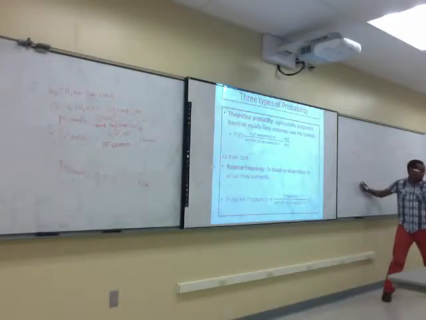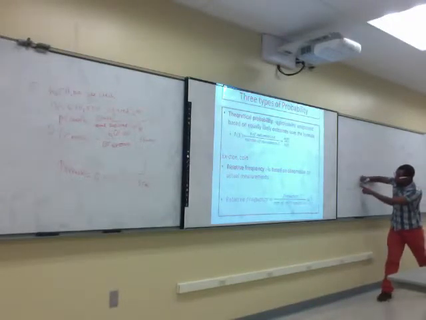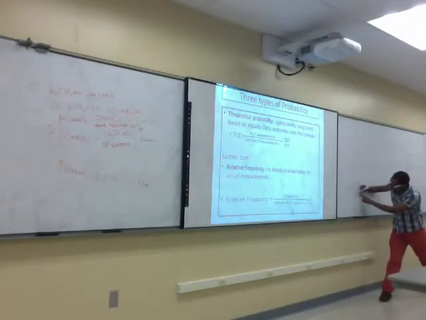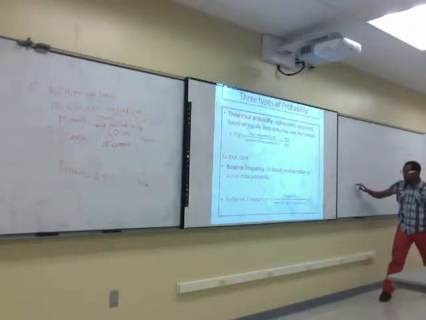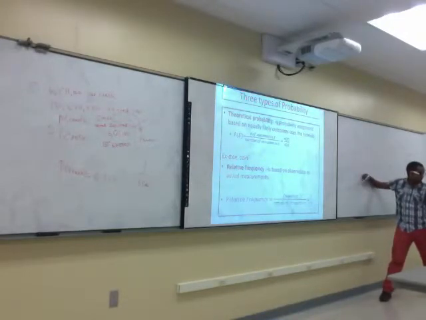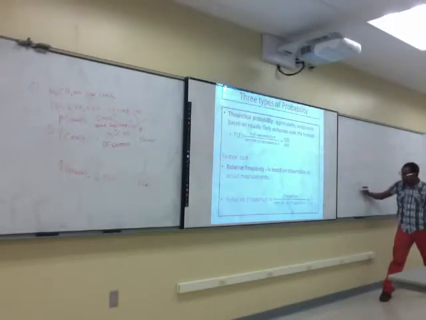If my first coin is head, the next coin can be either head or tail. What is the probability of getting head or tail? 1 over 2. The probability does not change for each event, and that'll be 1 over 2, 1 over 2.